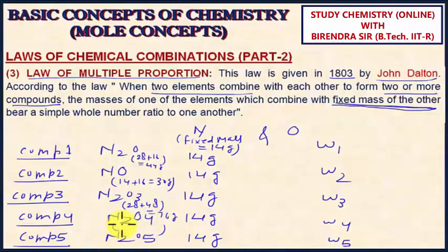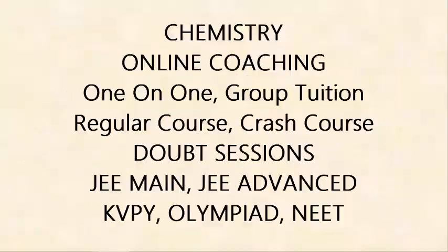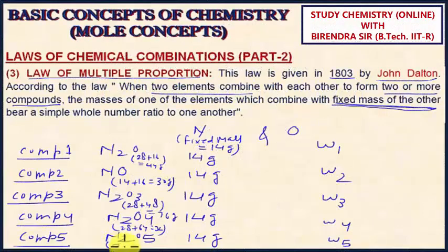Here this is 28 plus 64 and the value is actually 92 gram. If you look at N2O5, it is 28 plus 80 and the value is 108 gram.